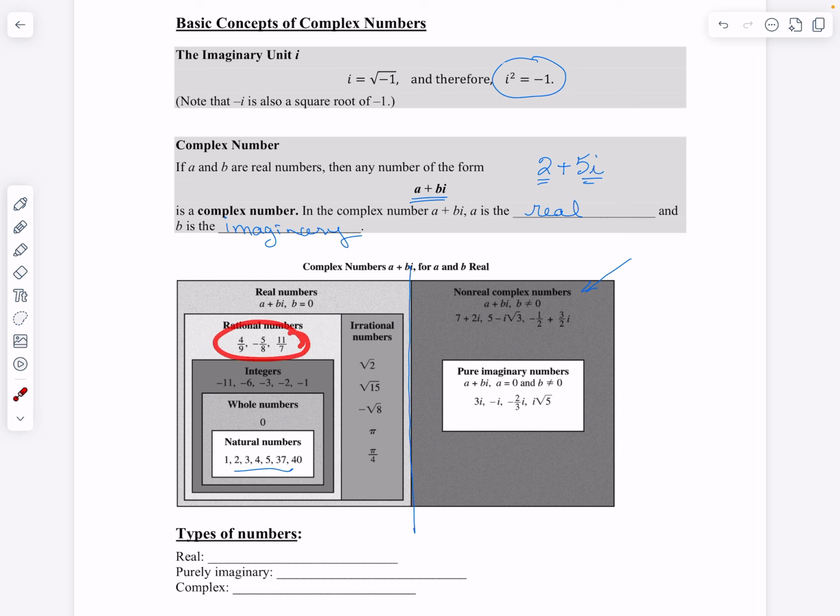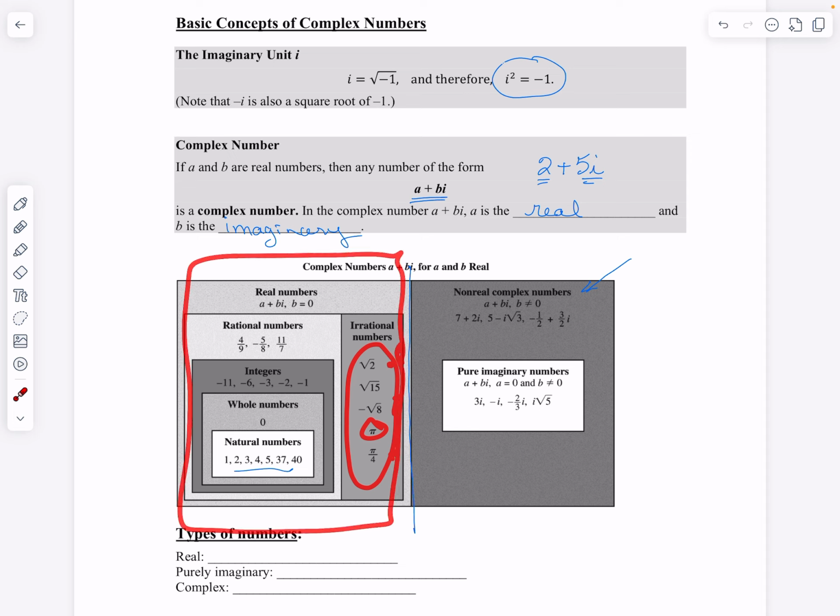Then we have our rationals or fractions. And then we have our irrational numbers, those that are like pi. If you take the square root of 2, you get a decimal that never ends and never repeats, so that's irrational. These are the ones we're used to dealing with.